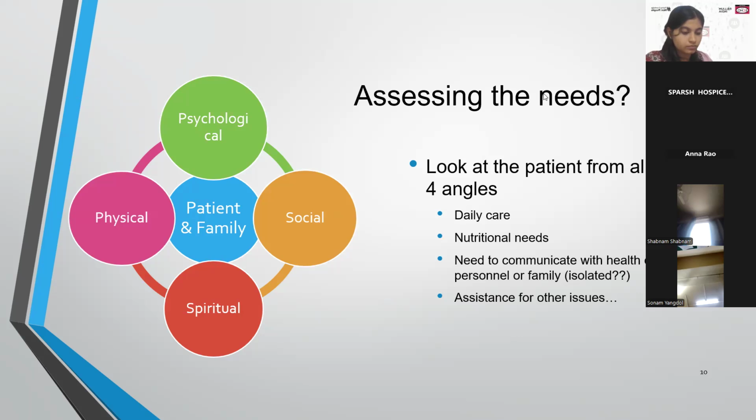What happens to his daily care, whether he is able to do it or not, whether any nutritional requirements are met or not. We need to communicate with healthcare professionals, whether the patient or relatives are isolated or not, and whether they require any assistance for any other issues.